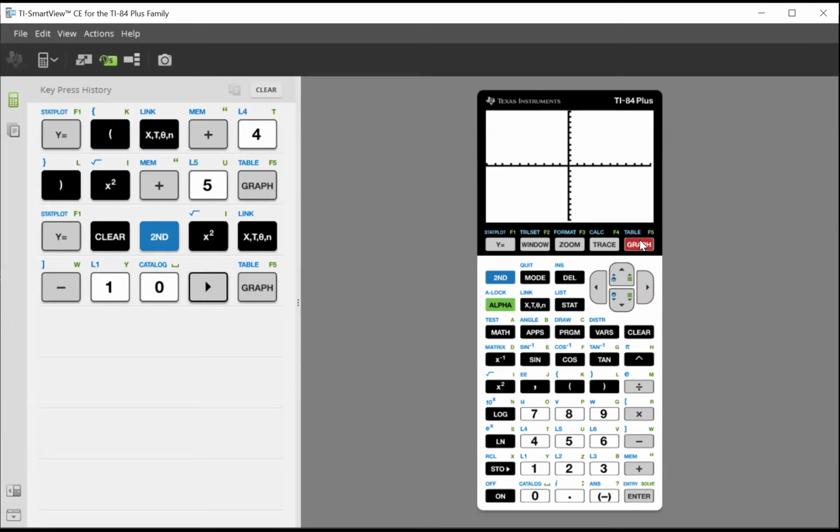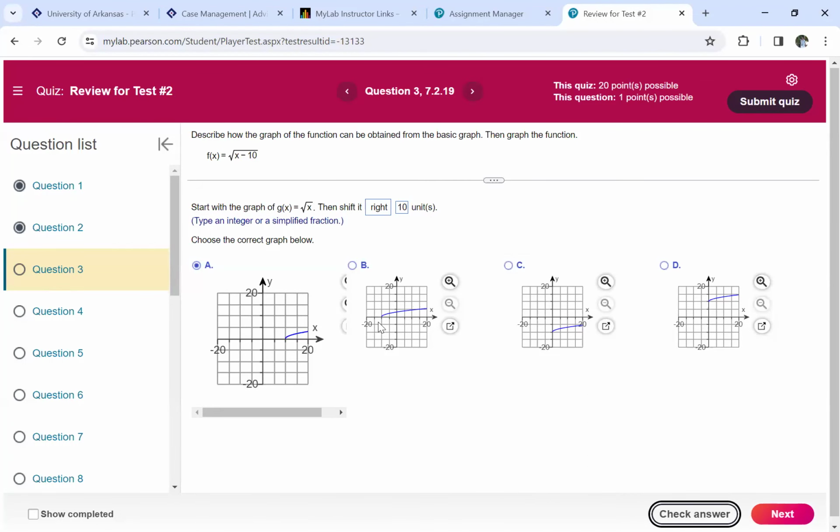Whoops. Now the reason you can't see it is because my graph only goes out 10 on this. So I would have to set my window up a little more. And let me see what MATLAB went to on that. And you see how MATLAB's going to 20 on the X's and Y's?